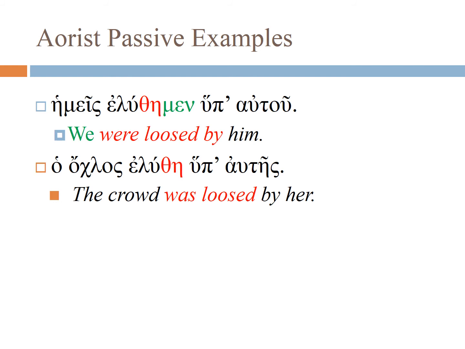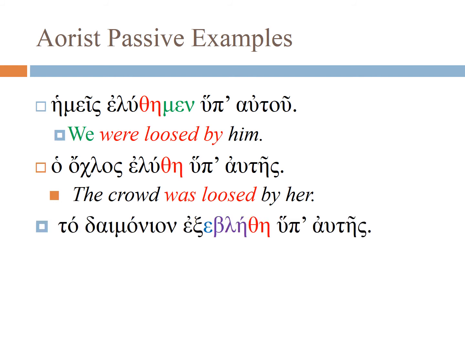Notice that theta eta on eluthe does not have an ending. There is no ending for the third person singular. To daimonion exeblethe hup' autes. The demon was cast out by her.